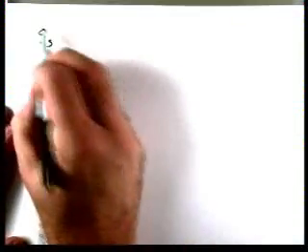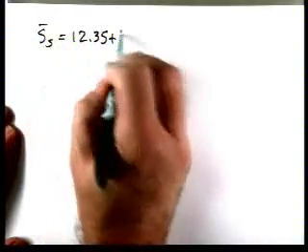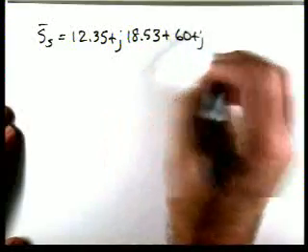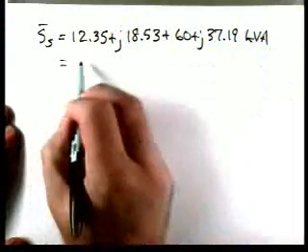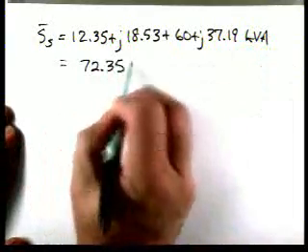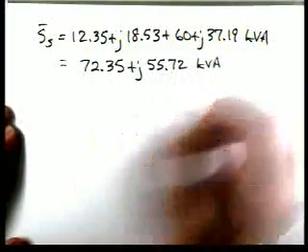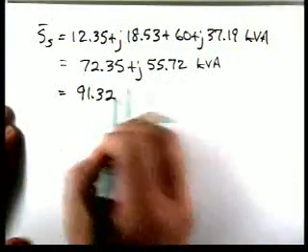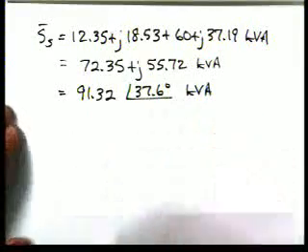So S_S then is 12.35 plus j18.53 plus 60 plus j37.19 kVA, which is 72.35 plus j55.72. And in polar form, that's 91.32 at an angle of 37.6 degrees kVA.